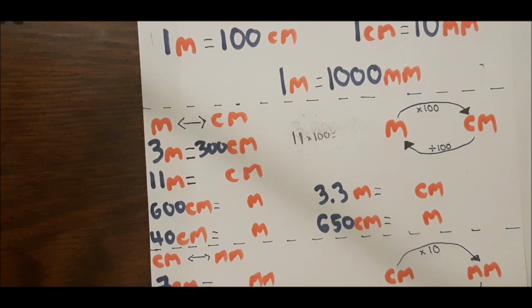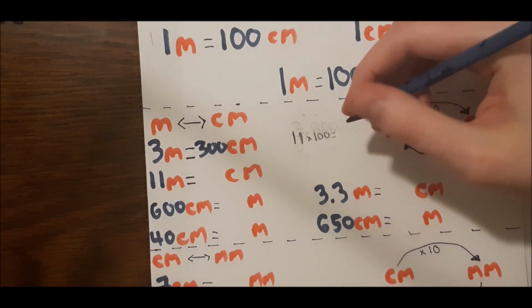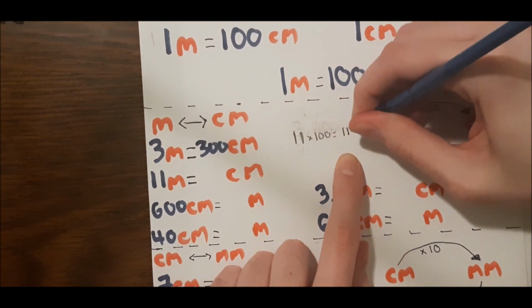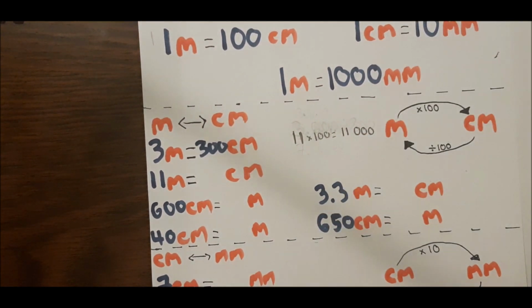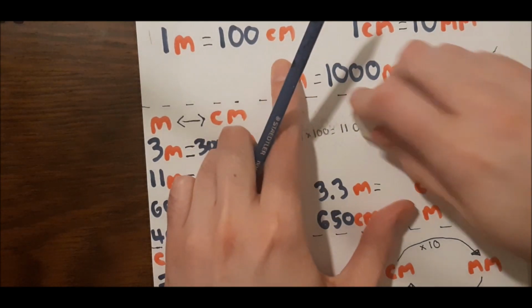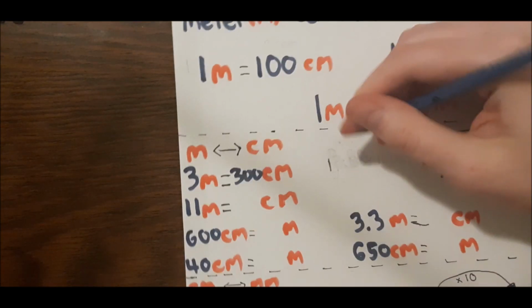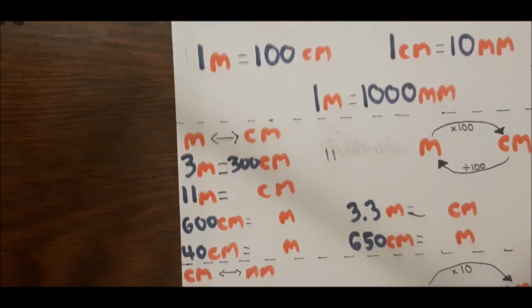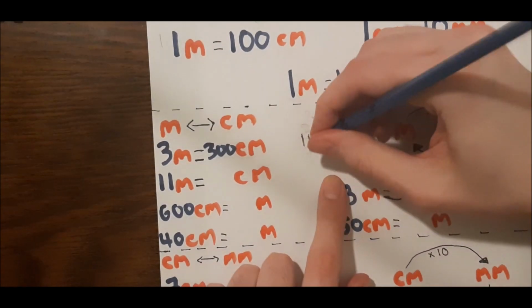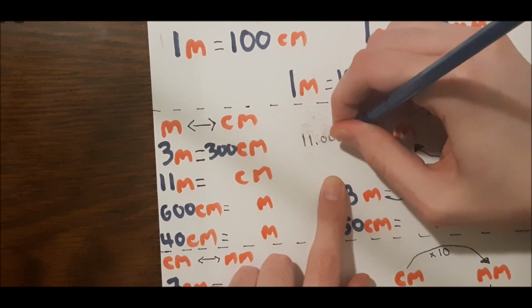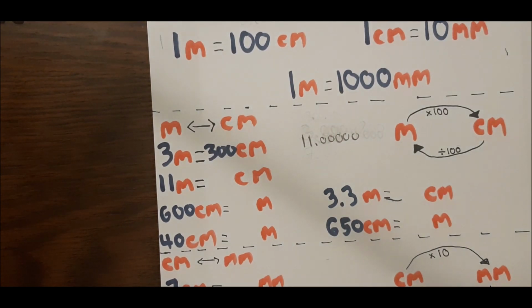What's that give us? Now, you might know it in your head. 11 times 100 is going to be 1100. Okay? Easy. But let's just say we can't do that in our head. So, we've got 11. We still looking good? Yep. Add in our zeros. Now we're timesing it by 100.